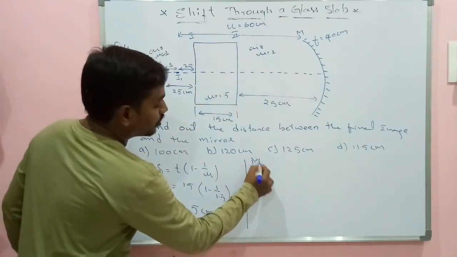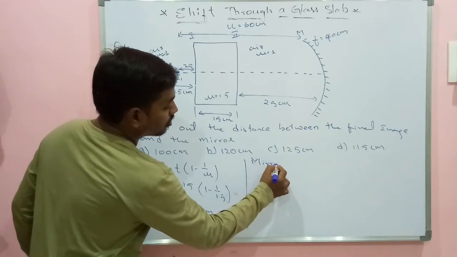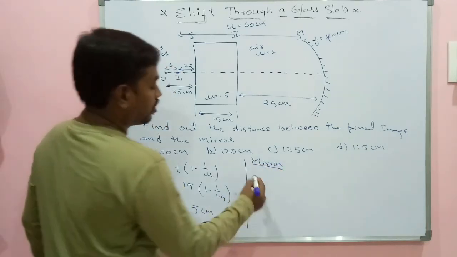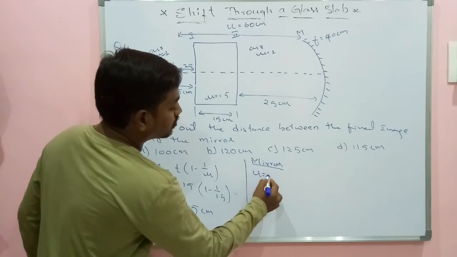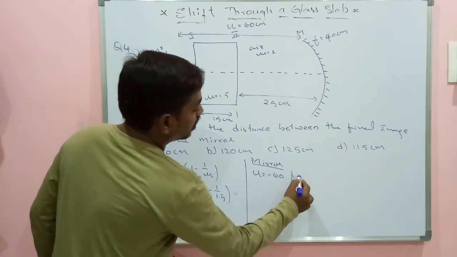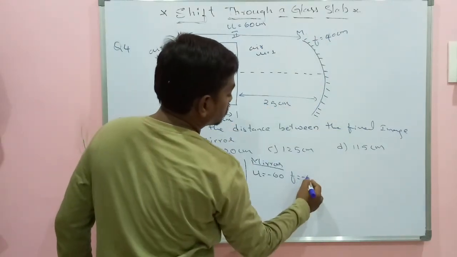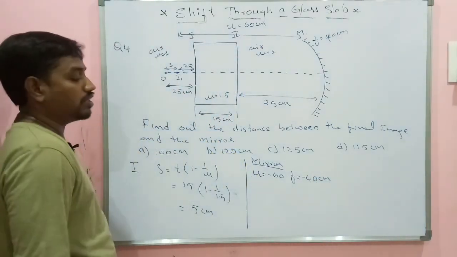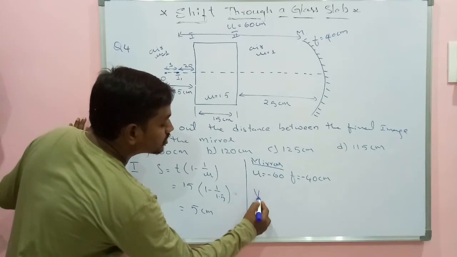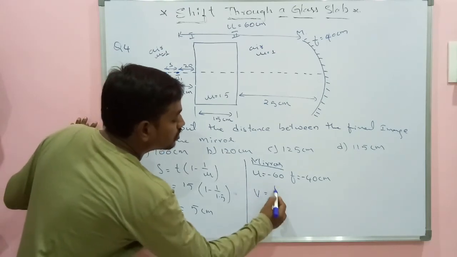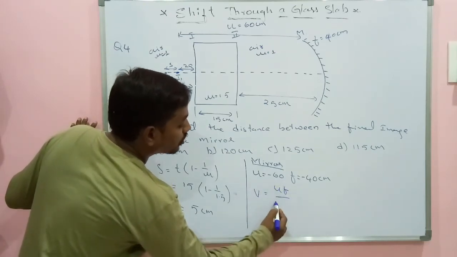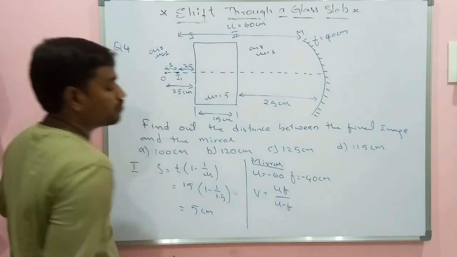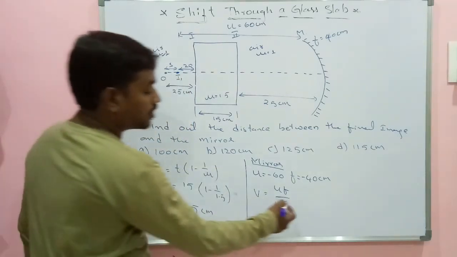So from the mirror, I have U is equals to minus 60 and F is given here. As it is a concave mirror, focal length is minus. I need to calculate the image distance V. UF by U minus F. By arranging the mirror's formula, I will be getting this one.